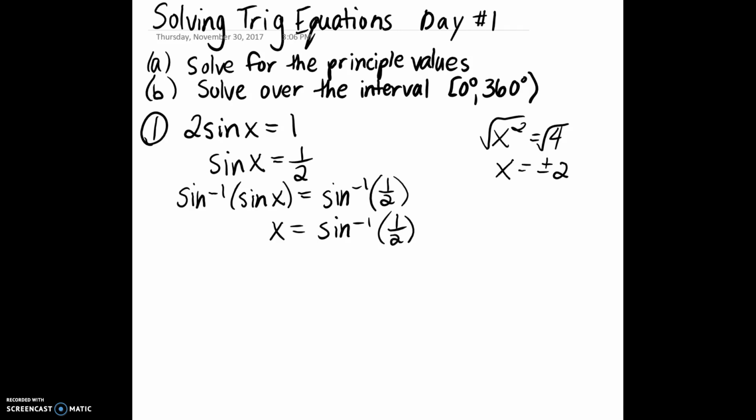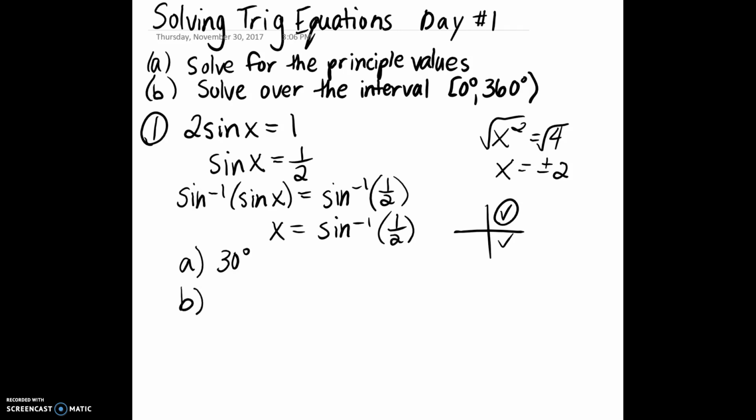So since the first part asks for just the principal values, we're looking at, like we did previously, quadrants 1 and 4 for sine, and it's quadrant 1 that we are going to go to because it's positive. And the principal value for that is 30 degrees. So 30 degrees is our answer for part A.